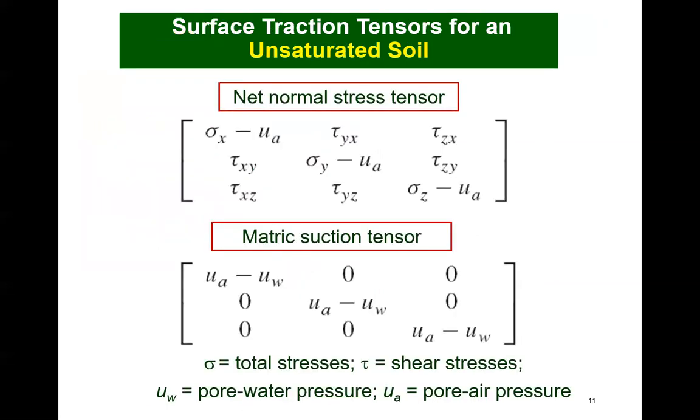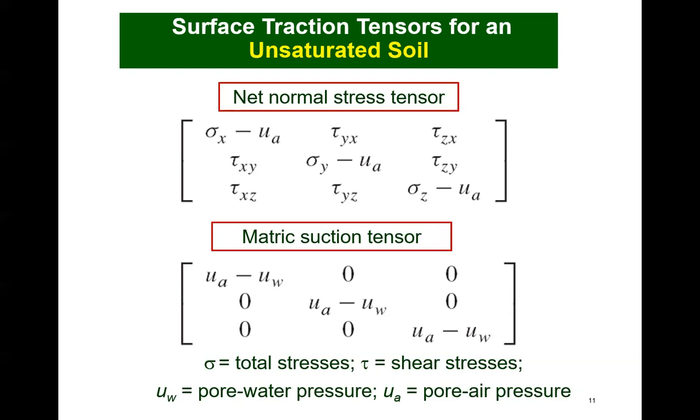Time does not permit the derivation of the equilibrium equations for an unsaturated soil as a multi-phase system. Such an analysis was published by Fredlund and Morgenstern in 1977. The analysis showed that 2 separate or independent stress tensors could be extracted from the equilibrium equations for the soil structure and then written in the Cartesian coordinate directions.